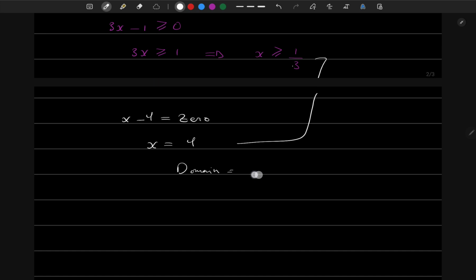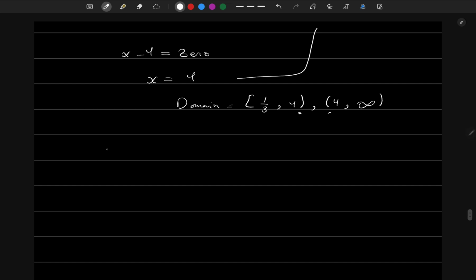So instead of this, I will make it 1 over 3 up to 4, and then from 4 to infinity. Again, I put an open interval here because 4 is not a part of my domain.